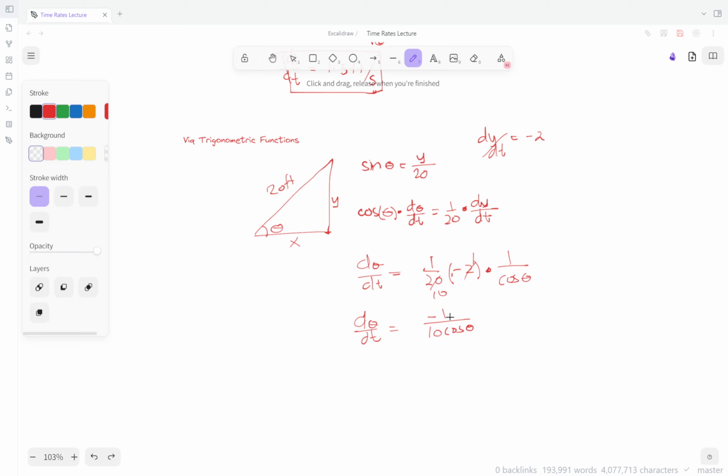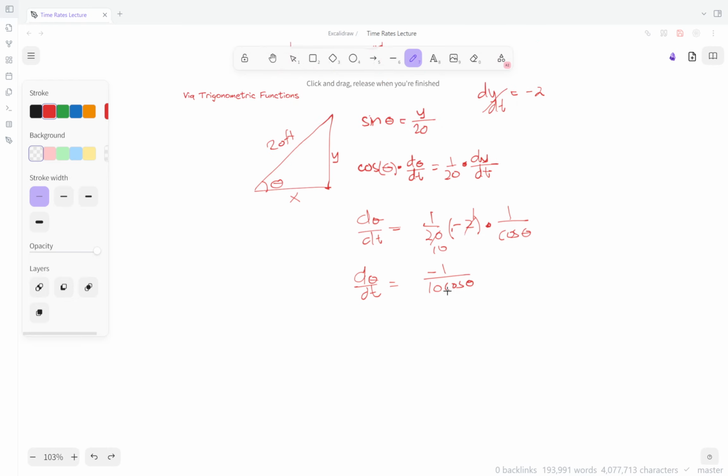So at 16 feet, we said that everything here happens when x is at 16 feet. So we have 16 here. And we also know this is 20 and this is theta. We wish to know what is cosine of theta.